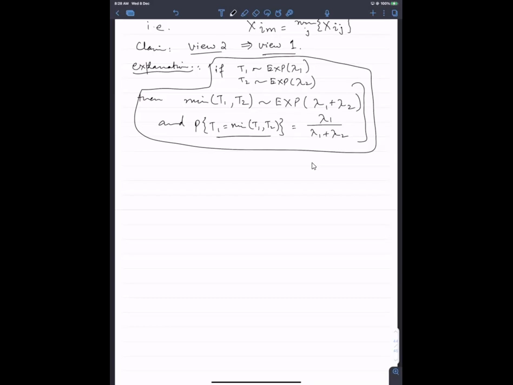ठीक है, so सबसे पहले holding time from view 2. व्यू 2 से होल्डिंग टाइम को देखने कैसे होगा. तो tau i is min over j of Xij, where Xij is exponential with parameter lambda i pij.